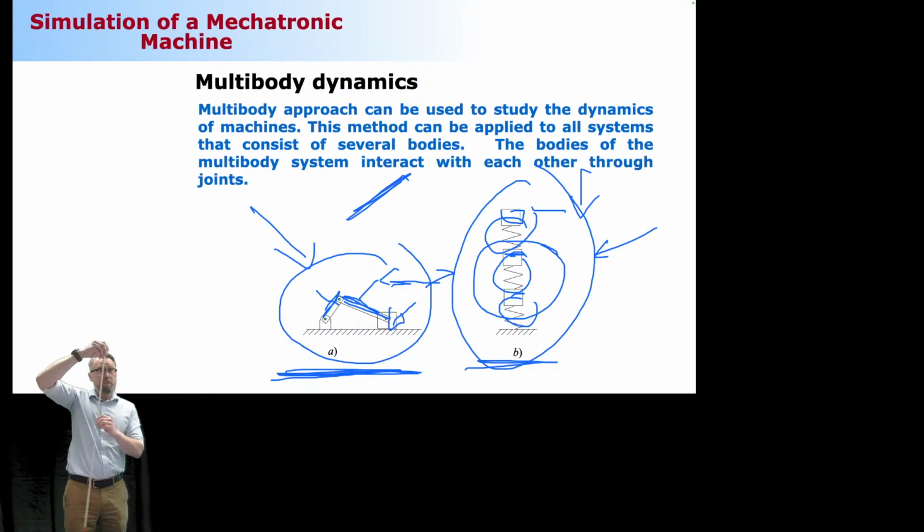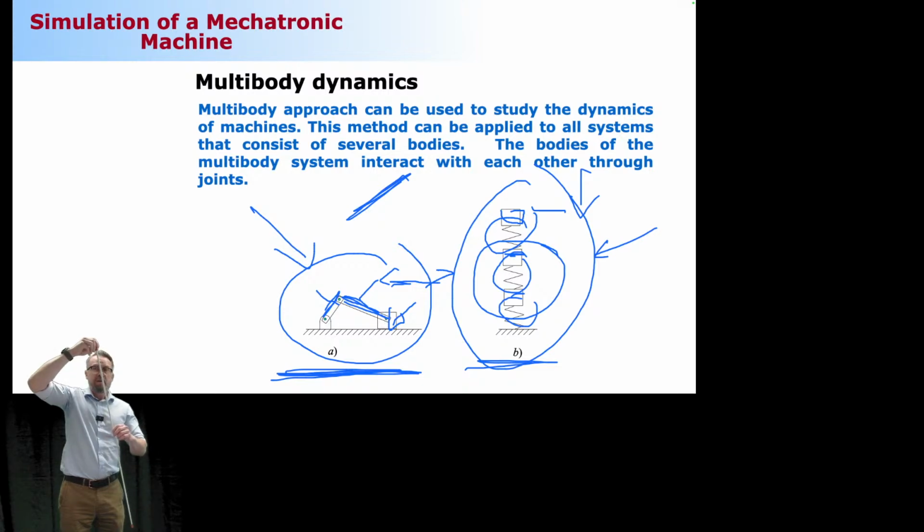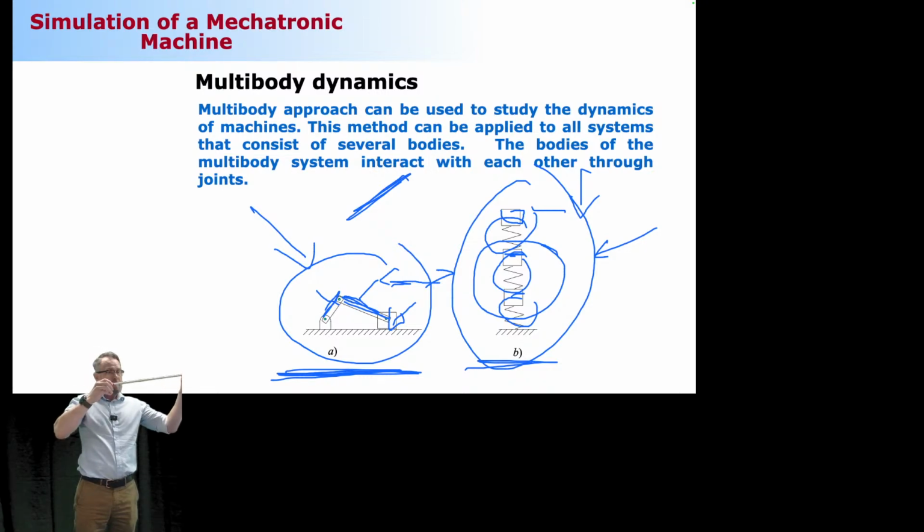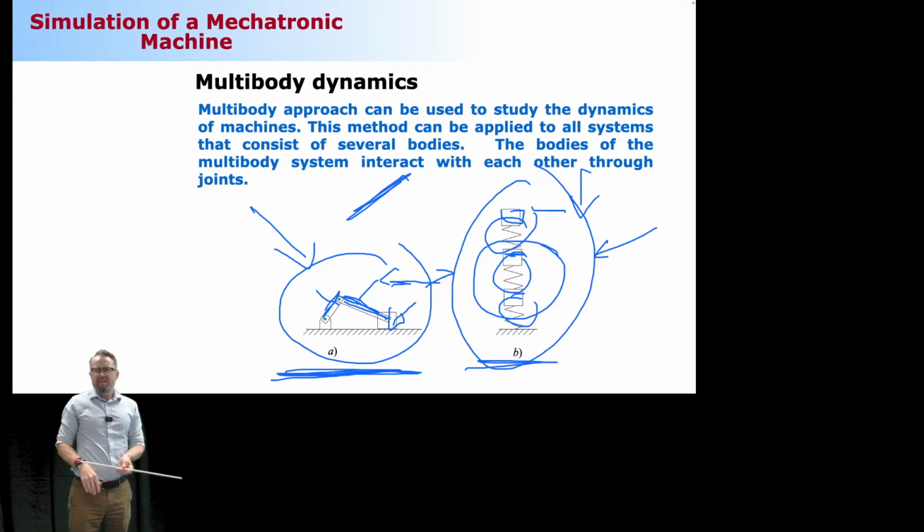Usually you have solved the pendulum by assuming that the motion is plus minus 10 degrees, like this much. We don't make assumptions like that in multi-body system dynamics. Instead, we can analyze the pendulum starting here, going all the way here, or even rotating like this. Is that significant? Yes, it is.